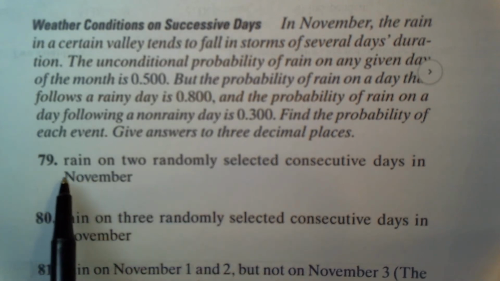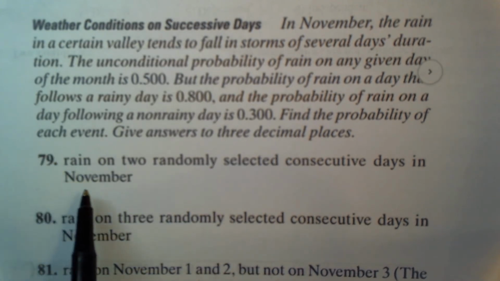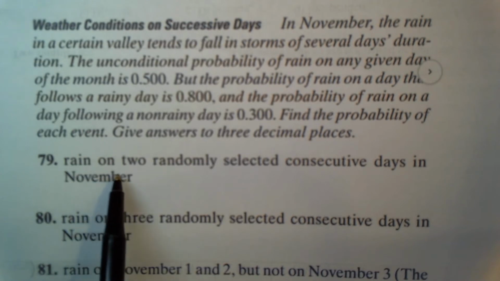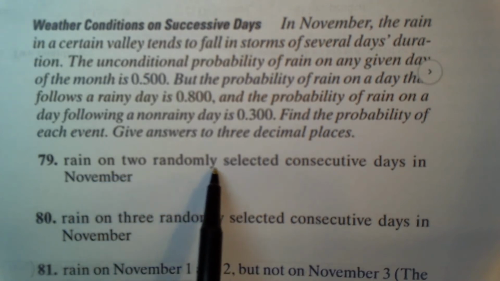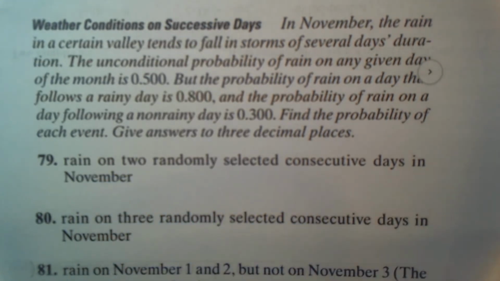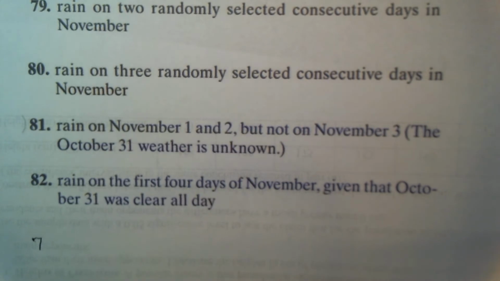Okay, so number 79 says the probability of rain on 2 randomly selected consecutive days in November. So a randomly selected day in November, the probability of having rain is 0.500.